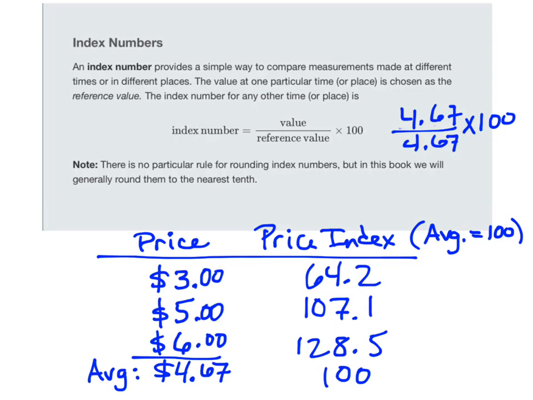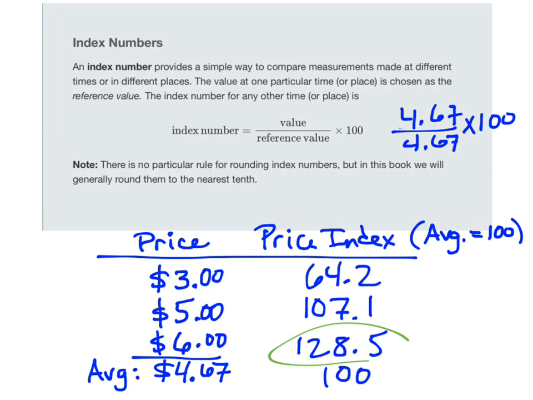Notice it wouldn't be 100% more than itself, so that's the clue that this is a percent of. That means when you see this 64.2, we can read that as indicating that the price $3 is about 64% of the reference price. Not 64% more than or 64% less than.